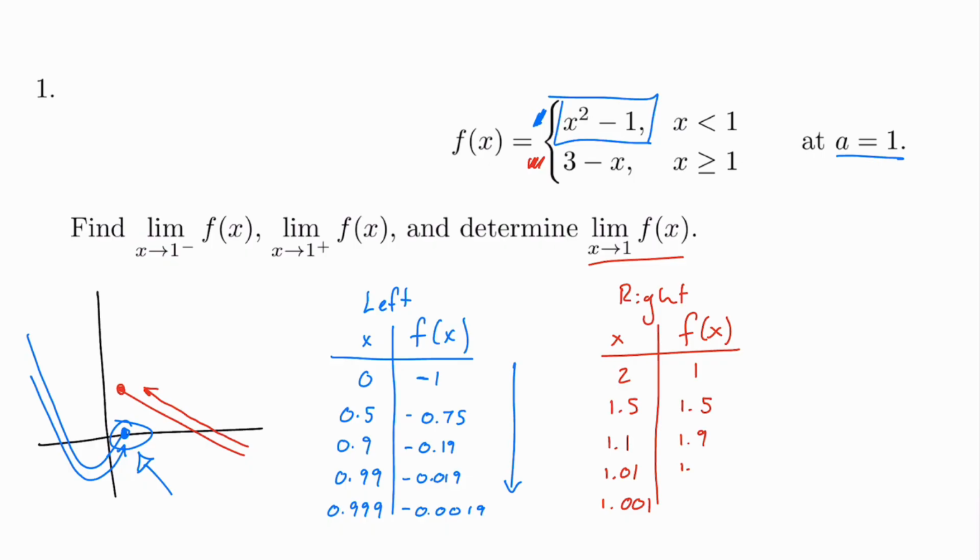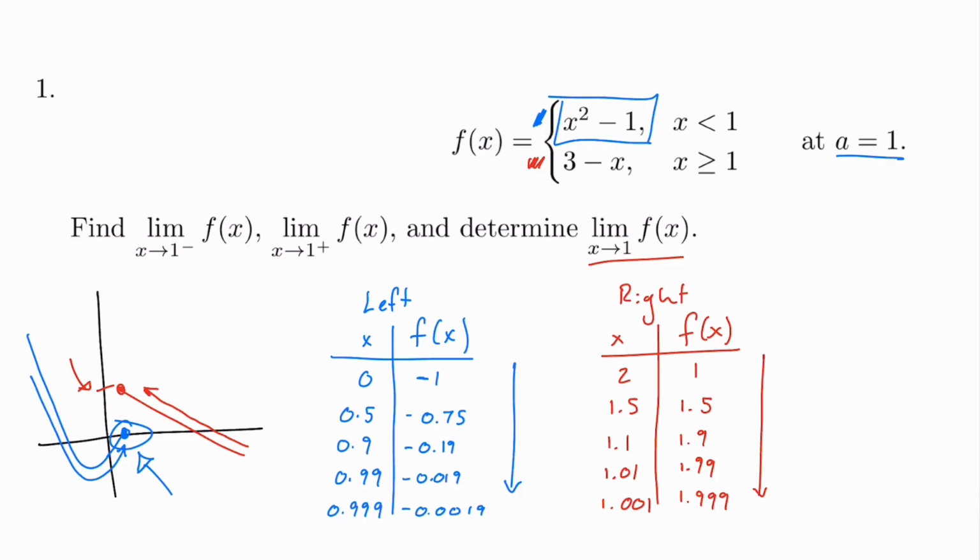For 1.01, we're going to get 1.99. And for 1.001, we are going to get 1.999. So this one looks like it's gradually approaching 2. It's getting larger and larger each time that we get closer and closer to 1. And that again does seem pretty appropriate with what we have in our graph here.